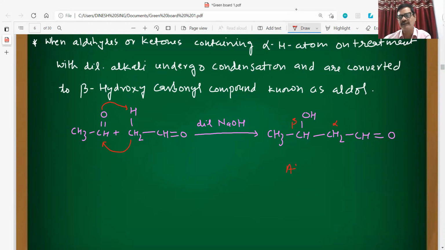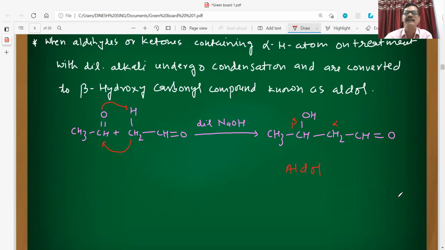It is called aldol. So simply, from the alpha carbon atom we transfer hydrogen to the oxygen of the other molecule, and we join both the carbon atoms with each other. It's a very simple reaction.